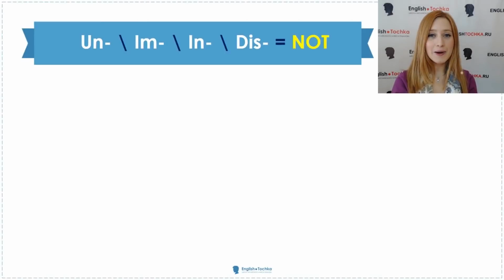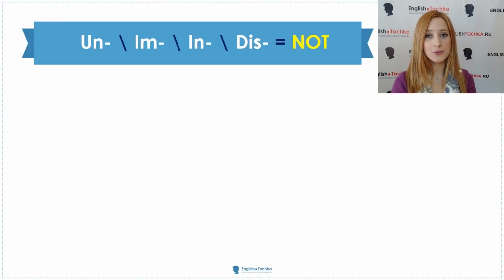So let's talk about the negative prefixes now. There are 4 of them, but actually I have to say that there are many more prefixes with a negative meaning, and these might have some other meanings as well.